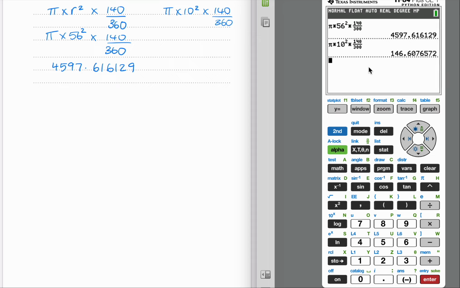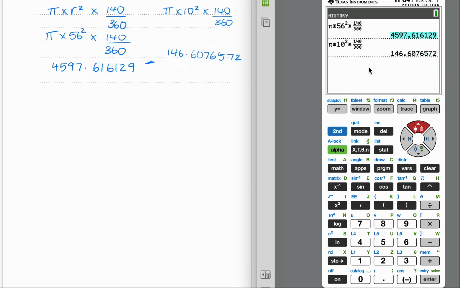And now I have my new smaller circle section that I wanted, which is 146.60765772.